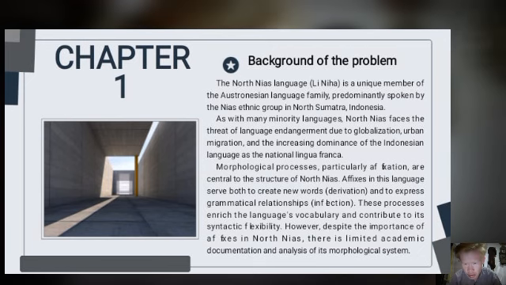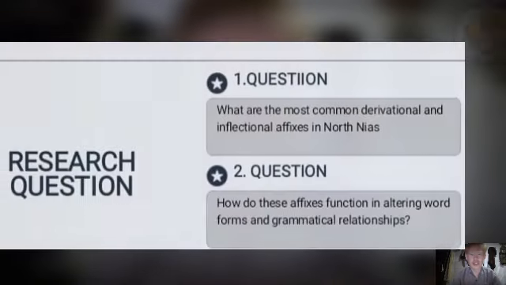This process enriches the language's vocabulary and contributes to its synthetic fluency. However, despite the importance of affixes in the North Nias language, there is limited academic documentation and analysis of its morphological system.